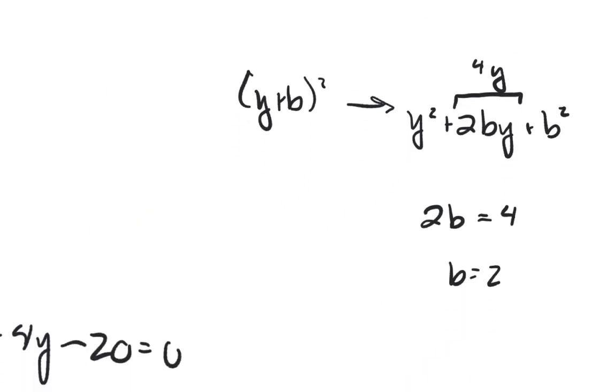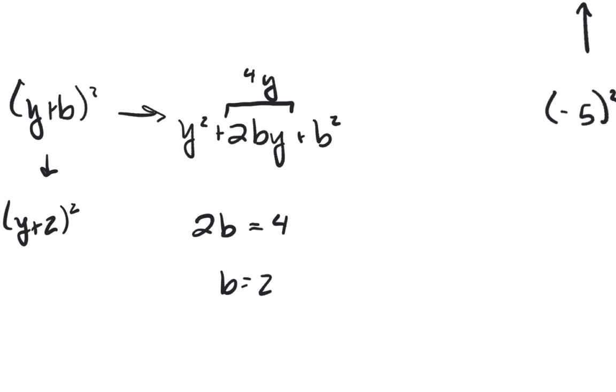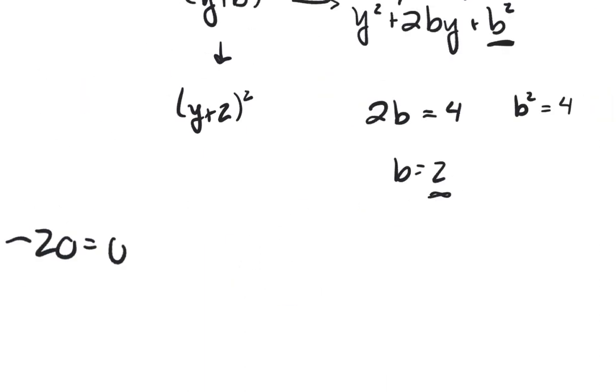So what we want to end up with here is (y plus 2) squared. And if b is 2, this b squared is going to be equal to 4.